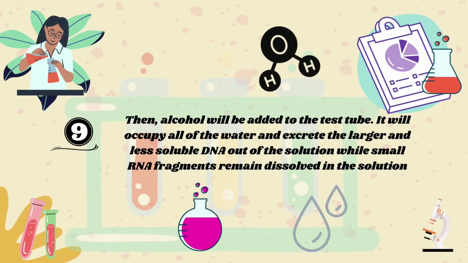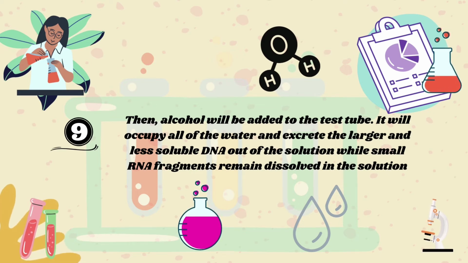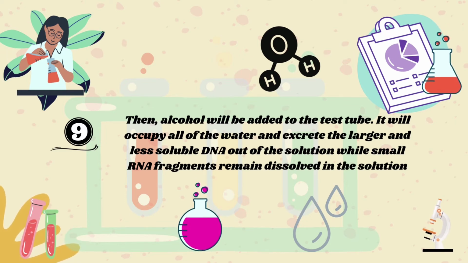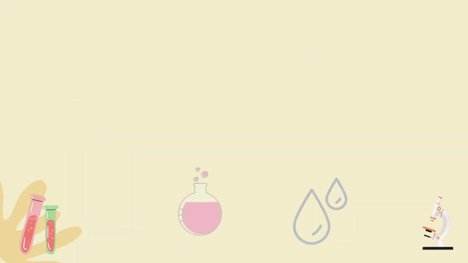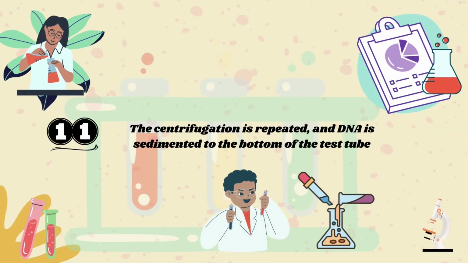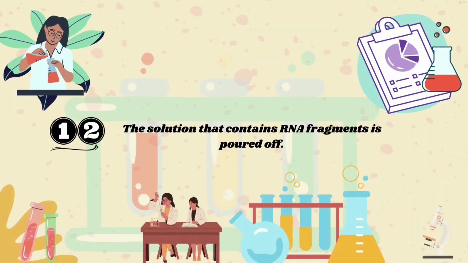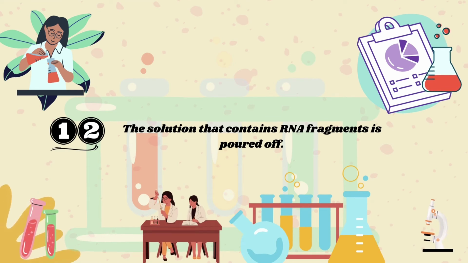It will occupy all of the water and excrete the larger and less soluble DNA out of the solution, while small RNA fragments remain dissolved in the solution. The centrifugation is repeated and DNA is sedimented to the bottom of the test tube. The solution that contains RNA fragments is poured off.